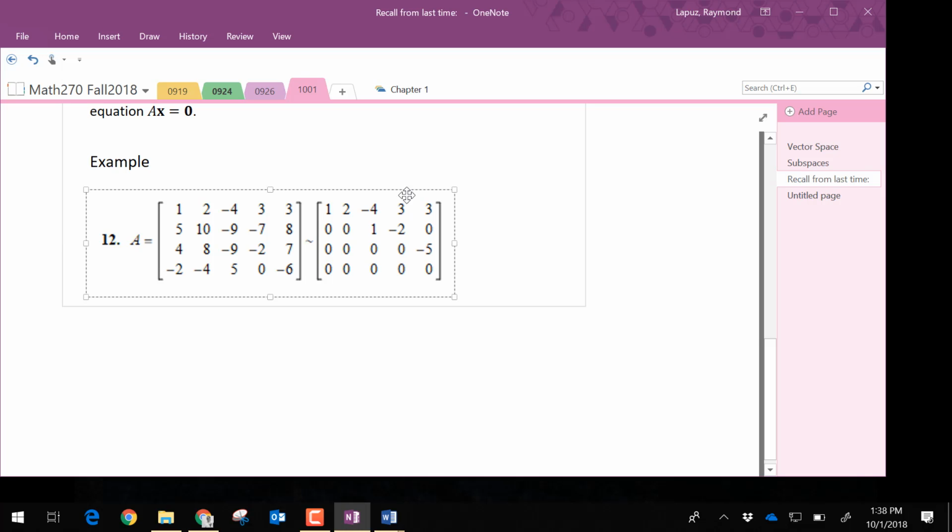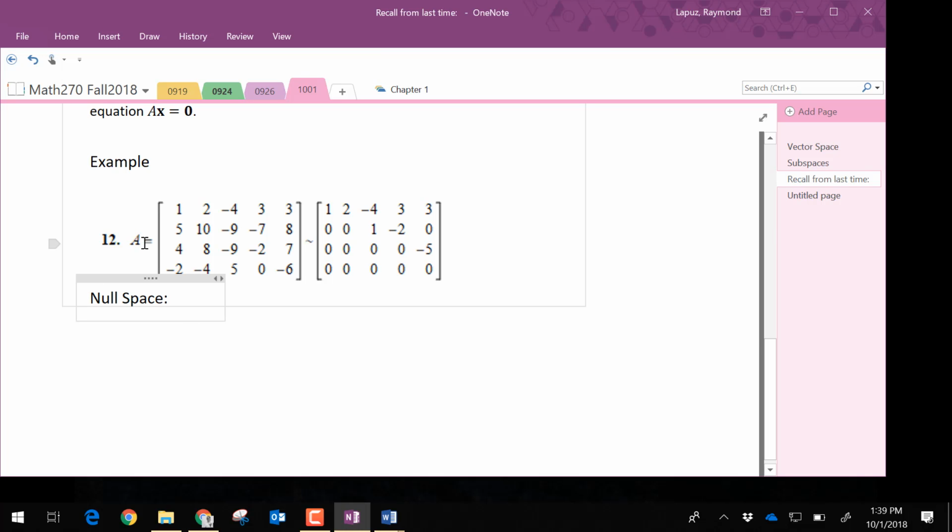So what's the null space? Let's do the null space. Well, let's see.